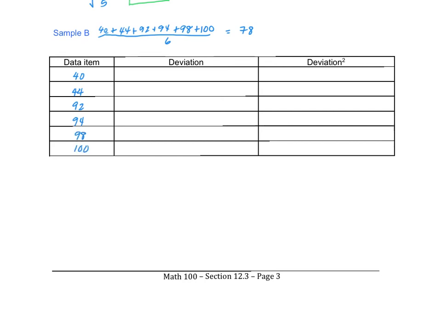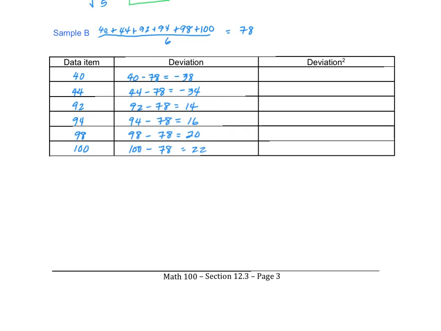And then we'll find the deviation. 40 minus 78, that's going to be a negative 38. 44 minus 78 is going to be a negative 34. 92 minus 78, that's going to be a positive 14. 94 minus 78, positive 16. 98 minus 78 is a positive 20. And then 100 minus 78 would be a positive 22.